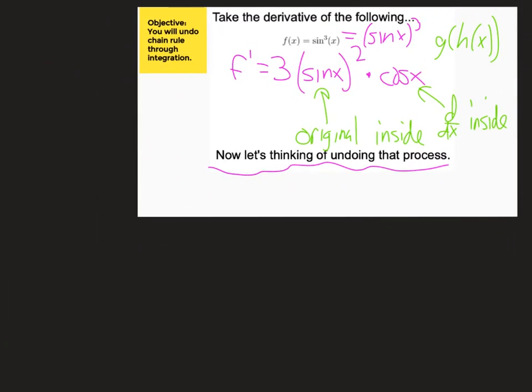So we're stating that g of x in this case is x cubed, and h of x is the sine of x.